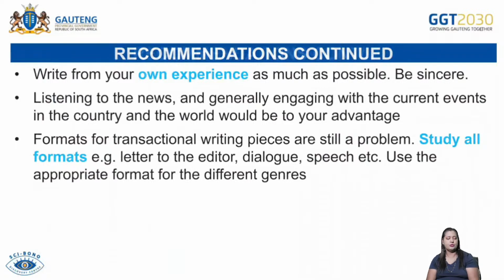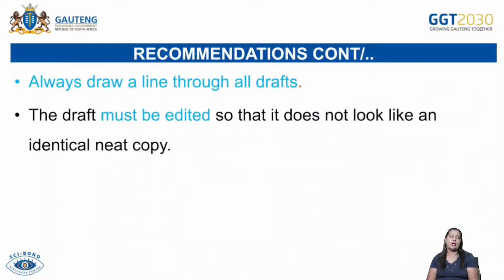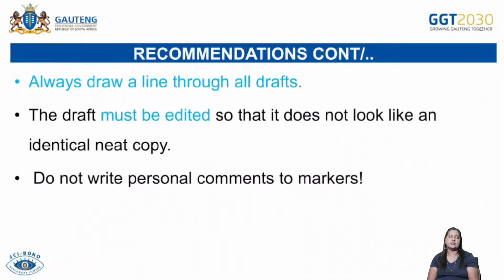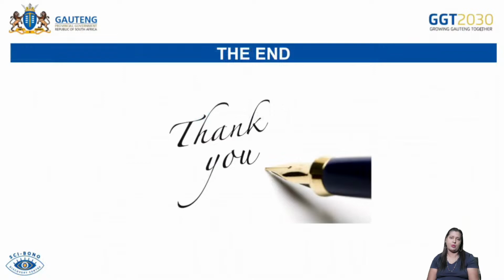All those things need to be taken note of, right? And always make sure you are crossing out the irrelevant stuff, edit your draft, and don't just submit two pieces that look identical without any work done. Don't make personal comments, or write down these comments to your markers. They're not going to be impressed by it, and they're definitely not going to give you extra marks for that.